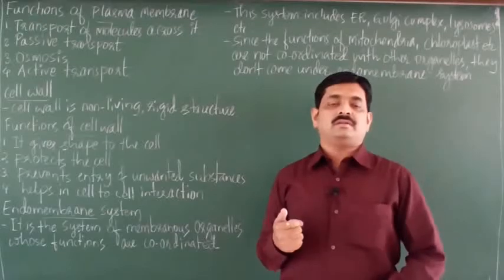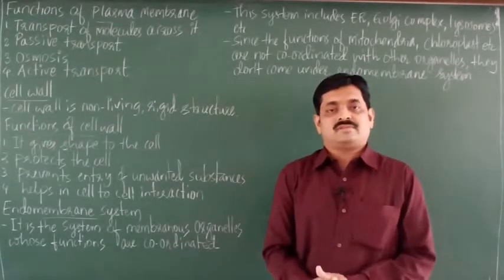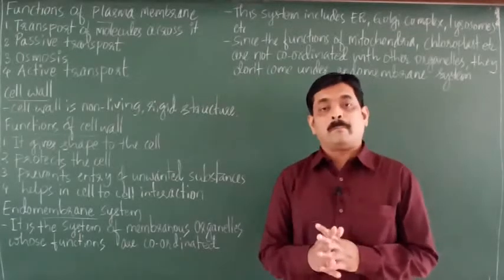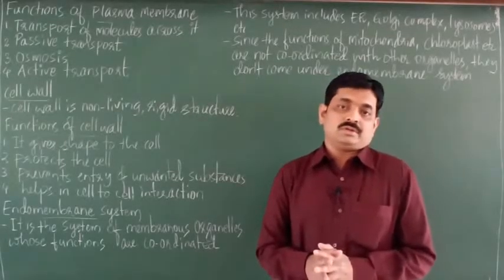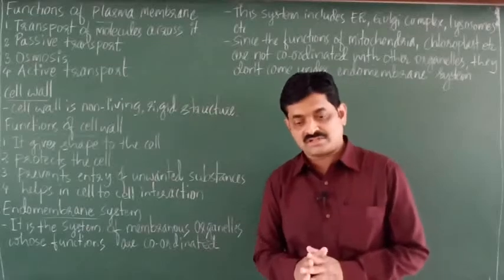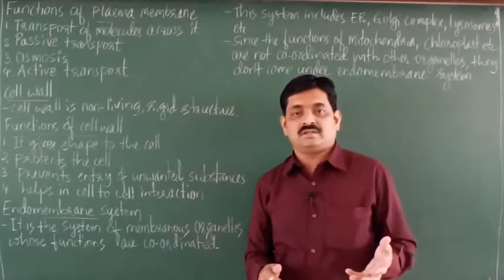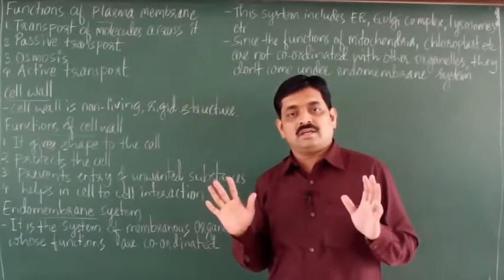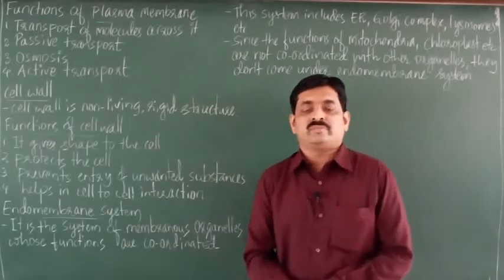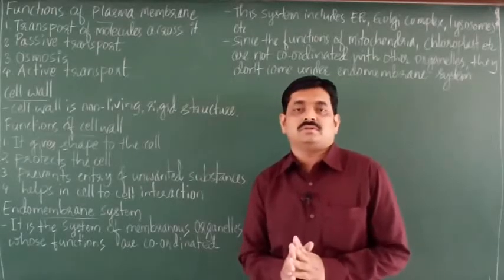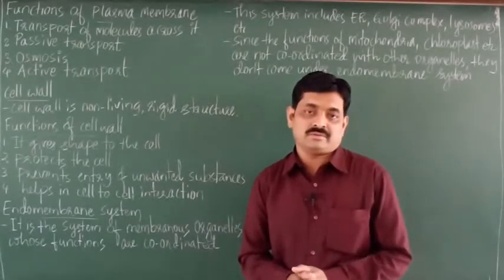Plasma membrane, as you know, is the boundary of the cell and it performs mainly the function of transport. It helps to transport substances across it, right? Means the in and out movement of substances takes place through the plasma membrane.